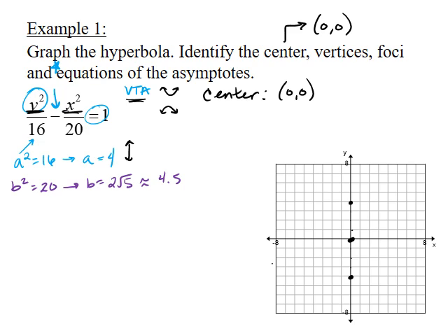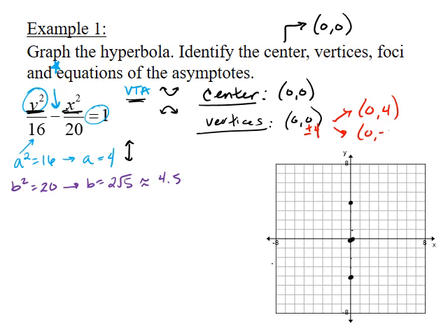All right. So that's going to tell me my vertices. So if I want to give the coordinates of the vertices, I start at the center, and then I'm going to go up and down, which is the y value, 4 units. So (0, 4) and (0, -4) are my vertices.